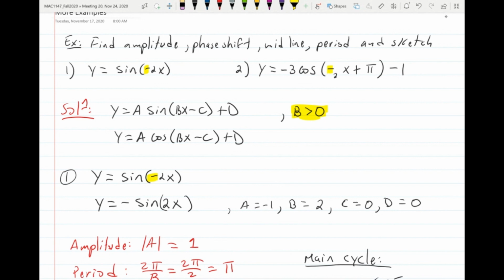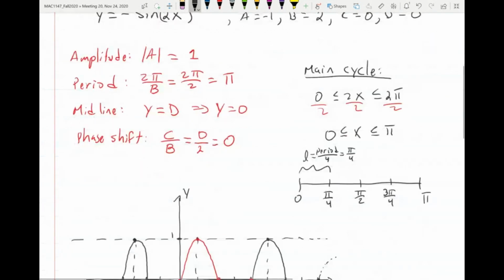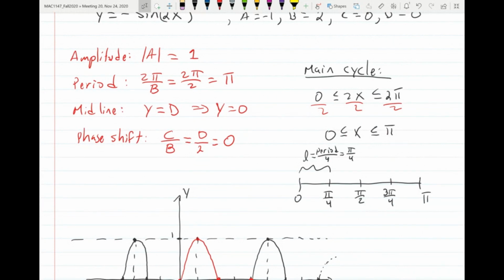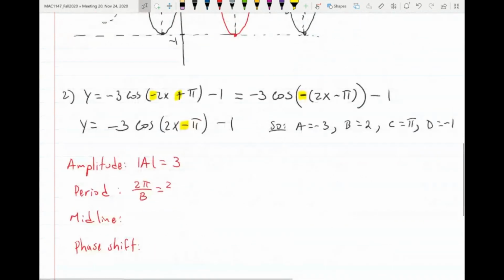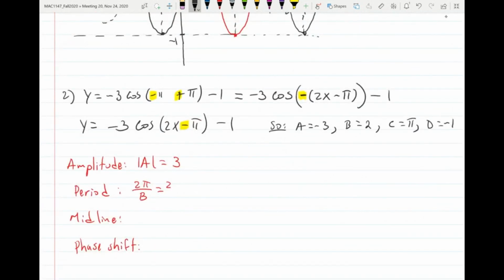So a negative pi over 2. Let's put it like that. Negative pi over 2. So that means that we're going to have here negative pi over 2 x. So this would be then pi over 2 when you factor out the minus. So we're going to have pi over 2 here. So that means that our b is going to be pi over 2. Nothing wrong with that.